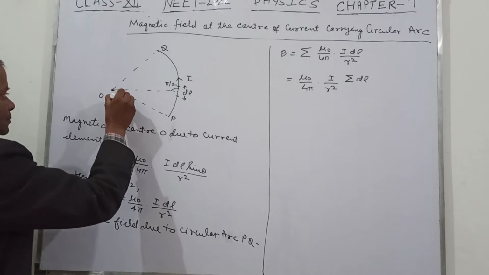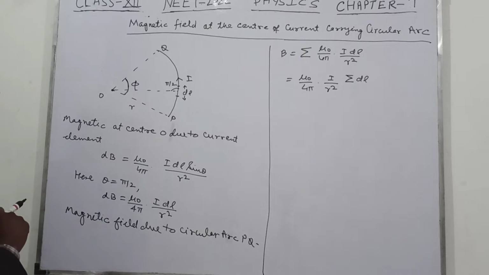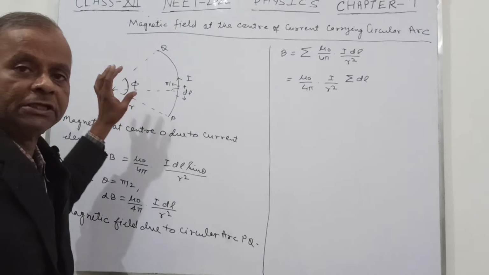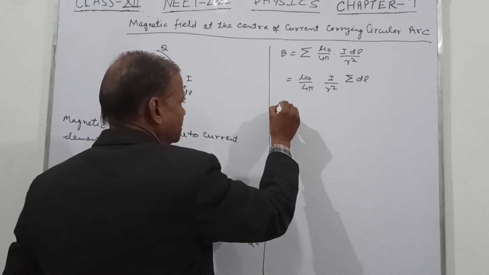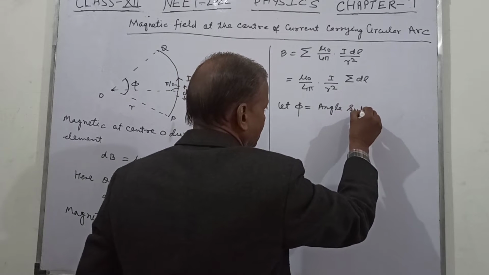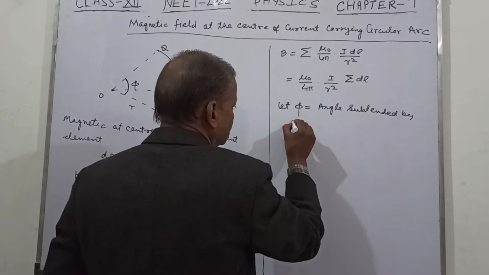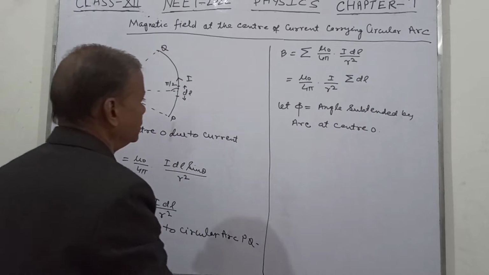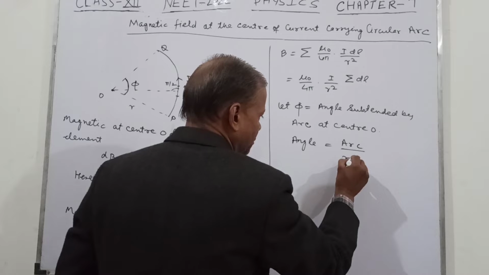Now let this angle be phi. This angle is phi, the angle subtended by the arc at center O. We know that angle equal to arc upon radius.